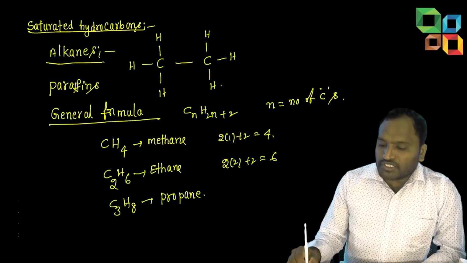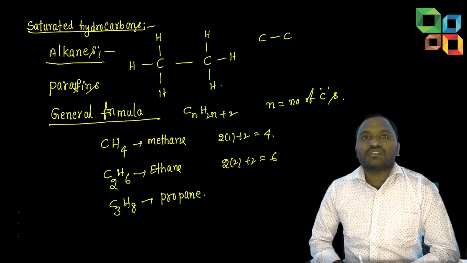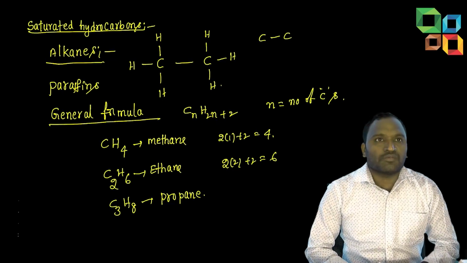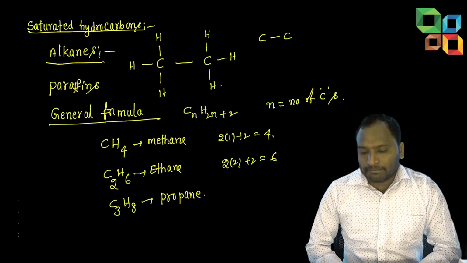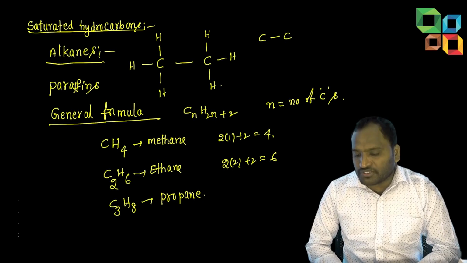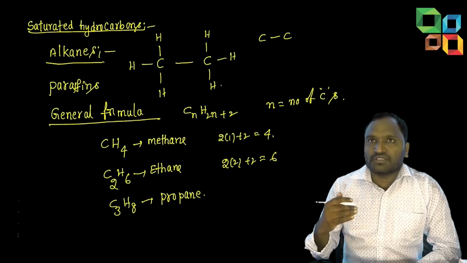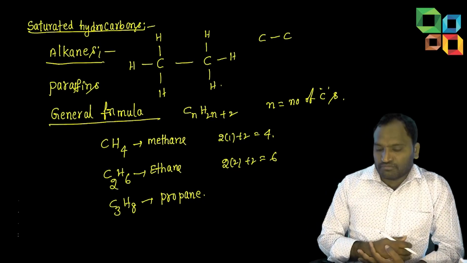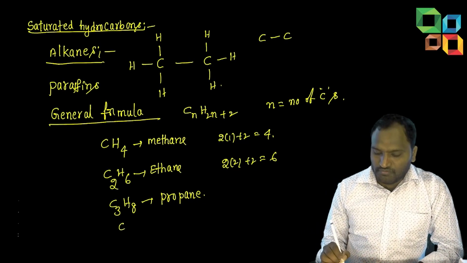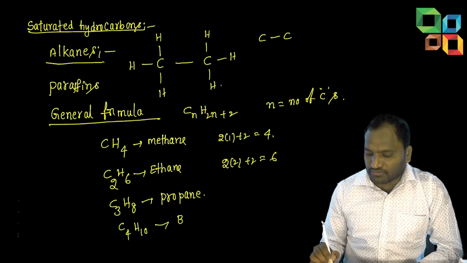In saturated hydrocarbons, carbon is connected with single bonds. The general formula of alkanes is CnH2n plus 2. Based on that, we can write the hydrocarbons: methane, ethane, propane, butane, like this. C4H10, butane.